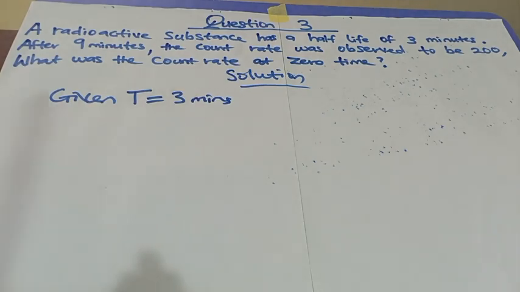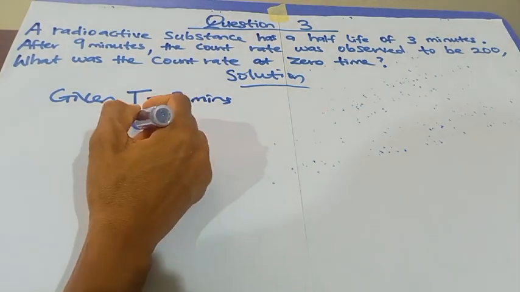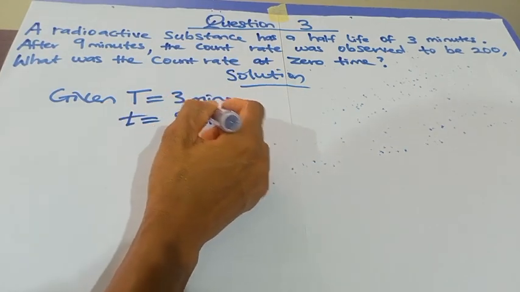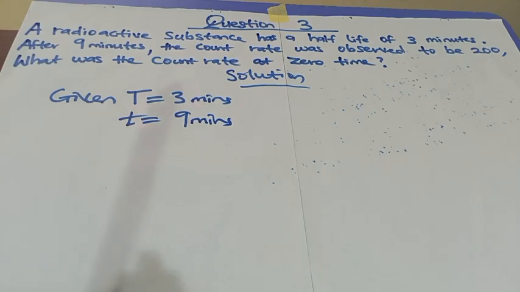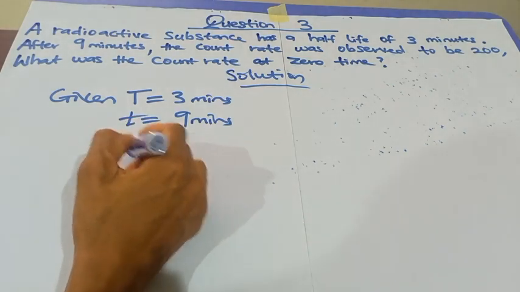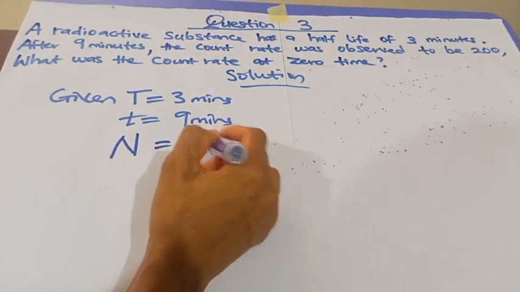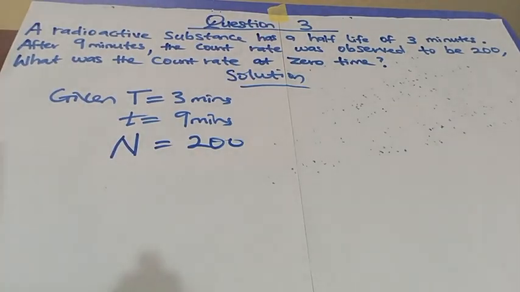After 9 minutes, that's the time taken to decay, small letter t. After 9 minutes, the count rate was observed to be 200. That means after 9 minutes, the amount remaining, N, was found to be 200.